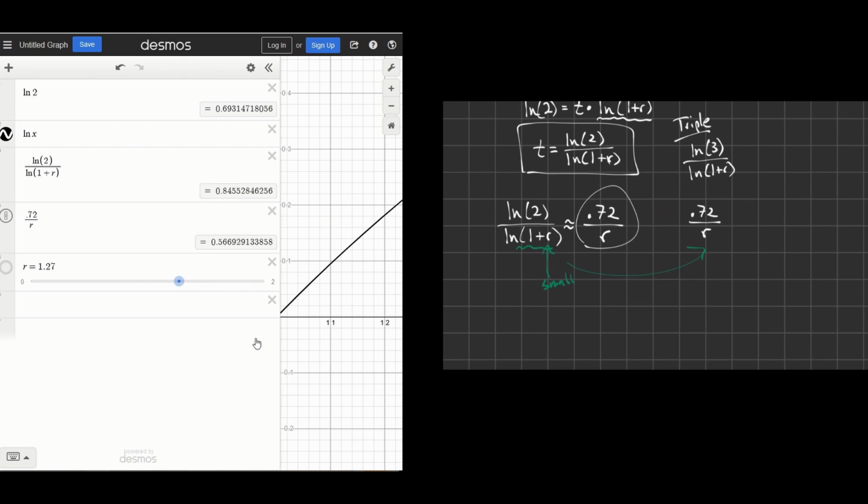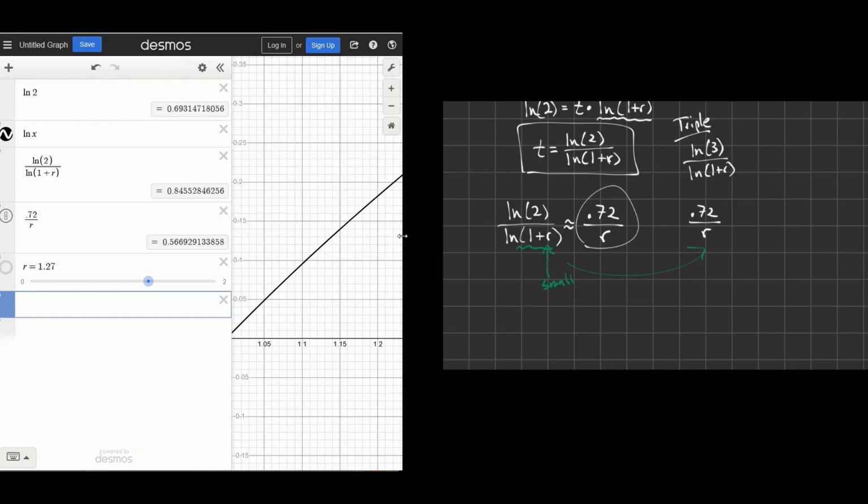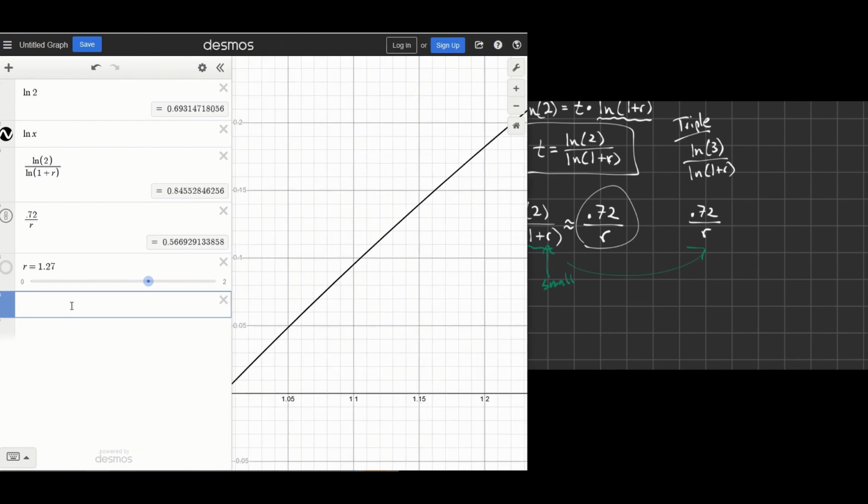Now, if you want to get super mathy and nerdy about this, we can also look at the function of the difference between these two values. So I can graph it like this. Let's look at a function that shows the difference between the actual doubling time and the estimate for the doubling time.